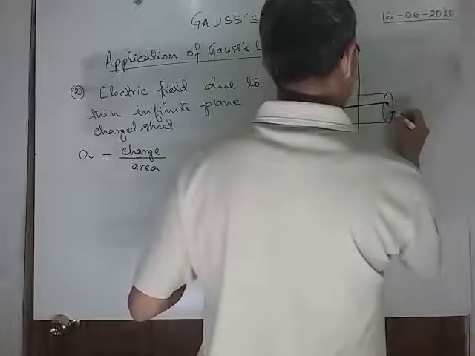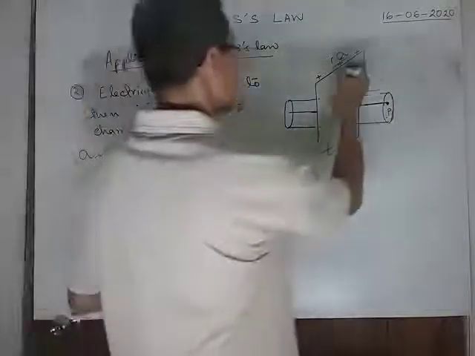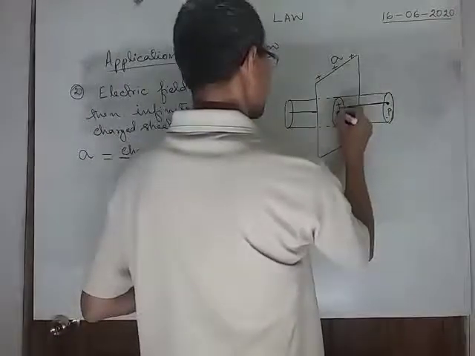So this is your point P. Now this is the charged body, so this sigma plus will be here.